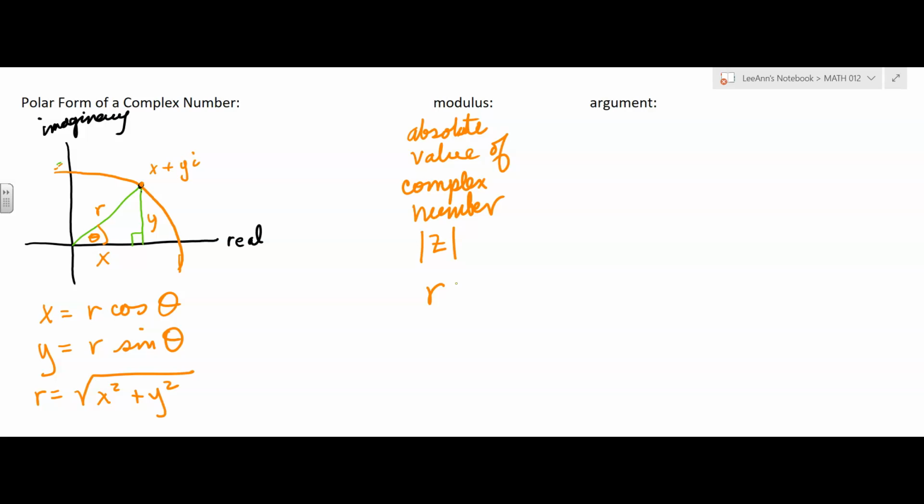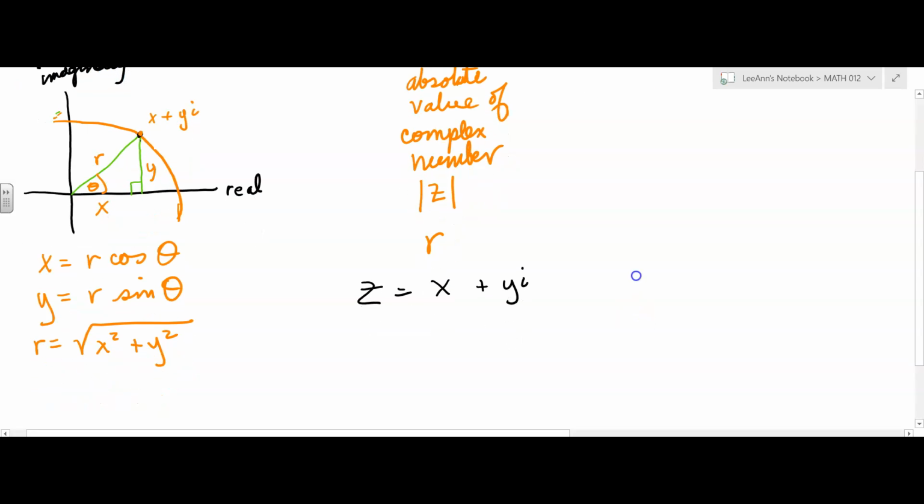I better switch to a different color. We said z is equal to, so our complex number is equal to x plus yi, right? So that came from a previous video when we said that's the form for our complex numbers. Well, we can replace x then with what x equals, r cosine theta.